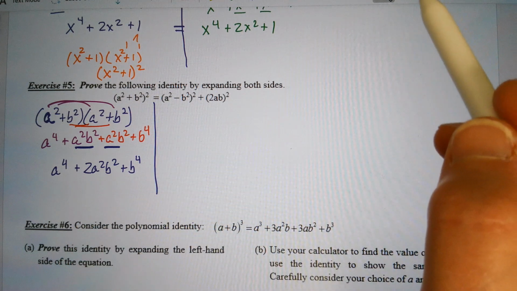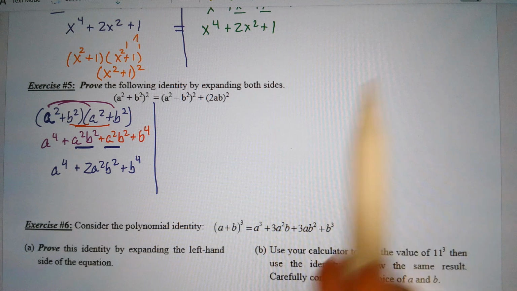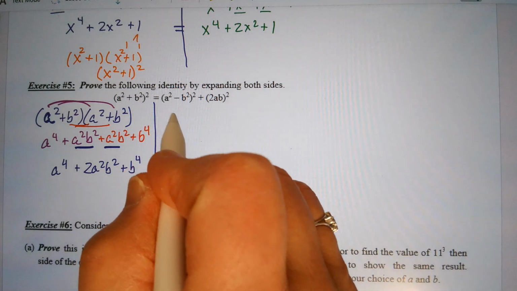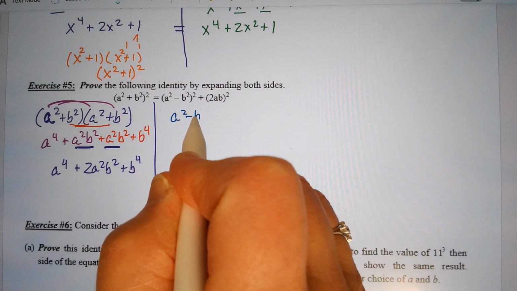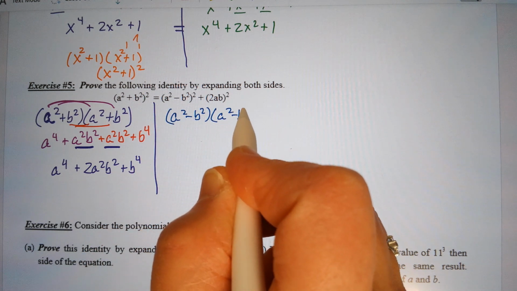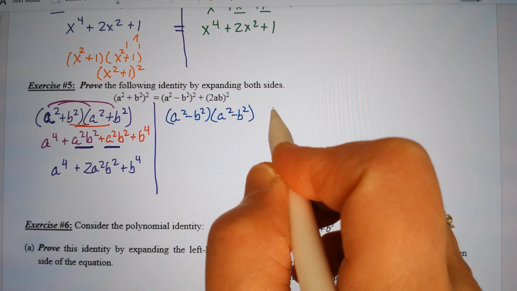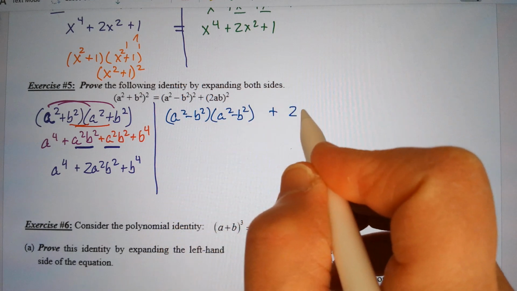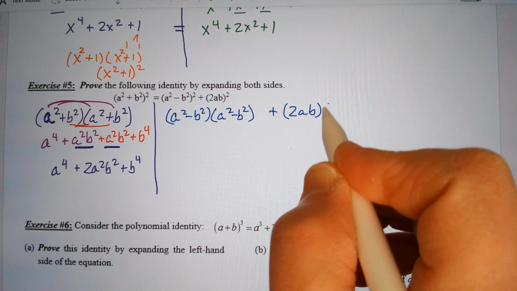Now on the other side, a squared minus b squared times a squared minus b squared, plus 2ab times 2ab.